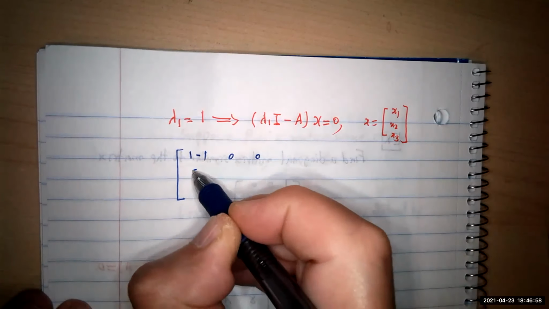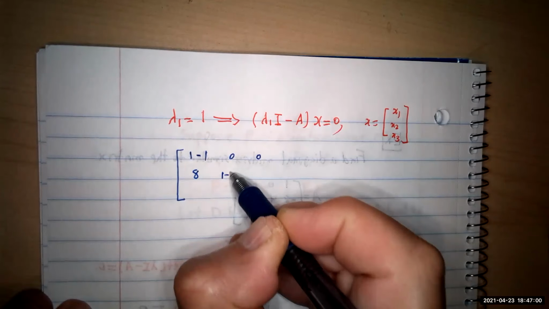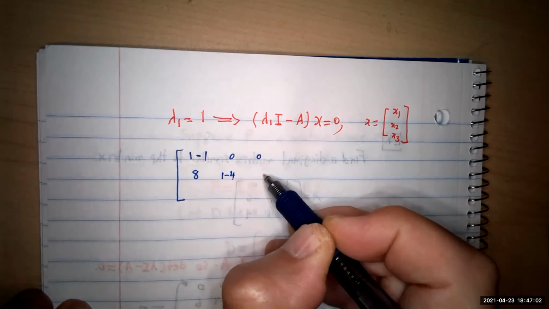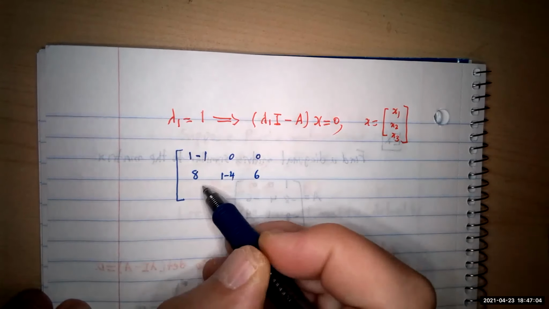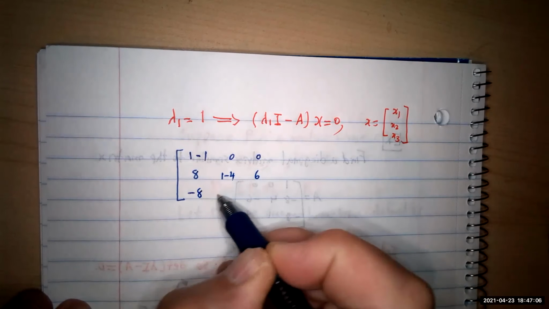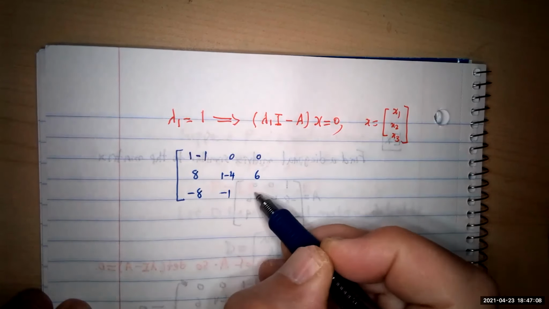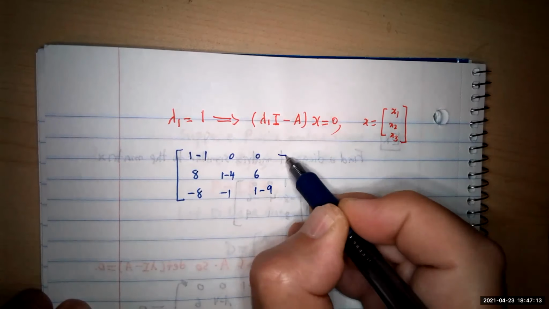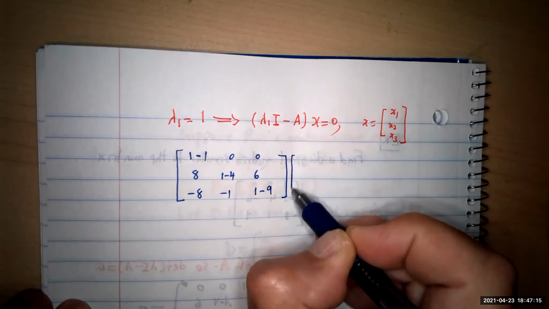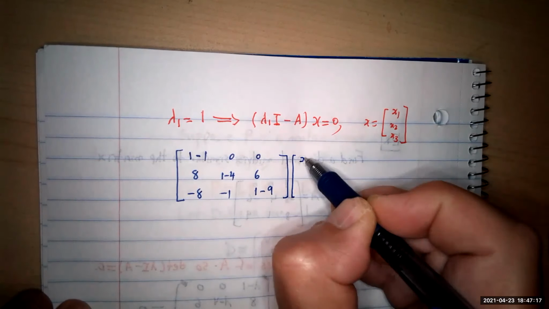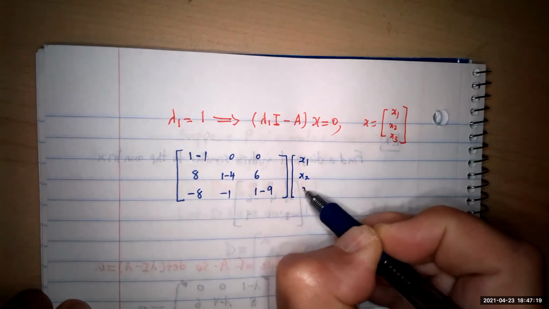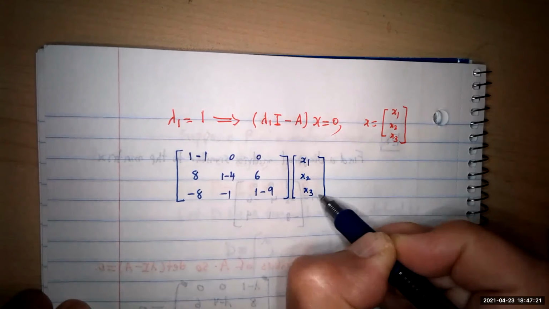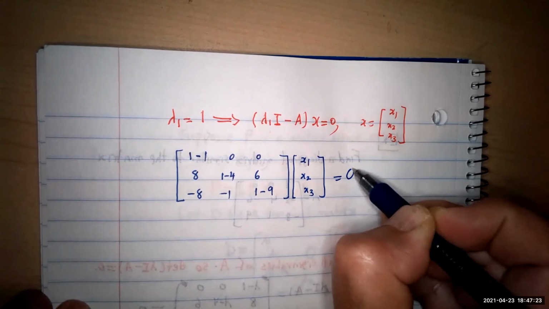And this is going to be 8, 1 minus 4, 6. Then you get the negative 8, negative 1, negative 8, negative 1, and that was 1 minus 9. This is going to be multiplied by your x, which is x1, x2, x3, and this is, of course, equal to the 0 matrix.